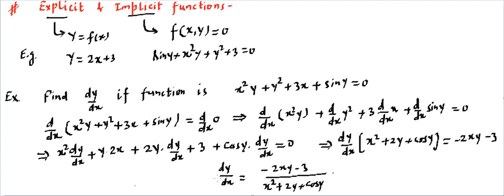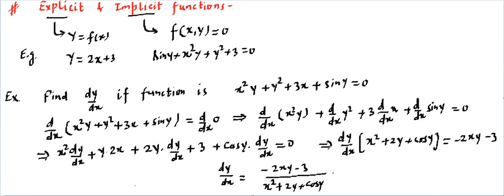Now you see, from here we are able to find the value of dy upon dx even though the function was implicit in nature. So this is the new point that you are learning. Whenever the function is given as implicit, that means a combination of x and y is given together, then you start differentiating. That means you apply this operator, take it inside, and go for all the individual elements.